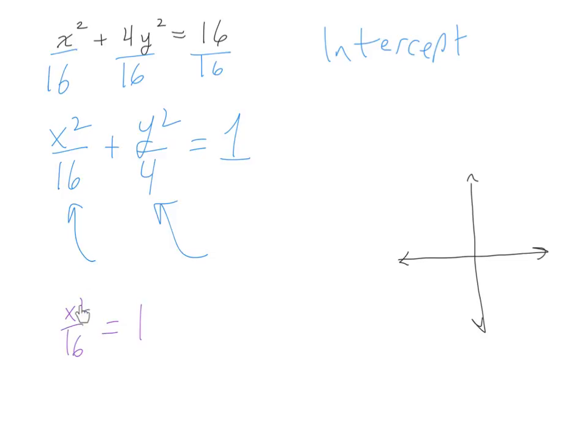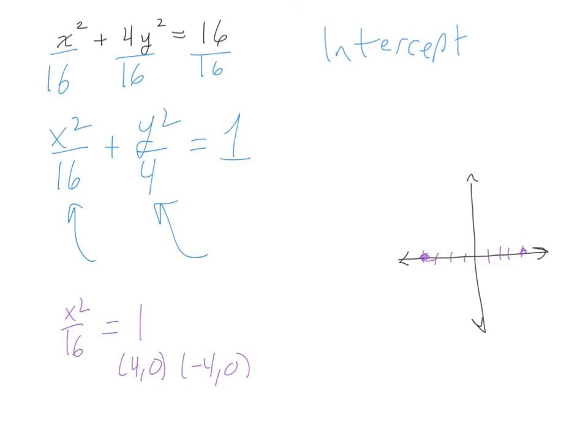And just by thinking about this, I can see that positive 4 would make this equation true, because 4 squared is 16 divided by 16 equals 1. And negative 4 would also make this true, because if you square negative 4, you get 16 again, divided by 16, which also equals 1. And so basically we end up with a point at 4, 0 and negative 4, 0. 1, 2, 3, 4. 1, 2, 3, 4.